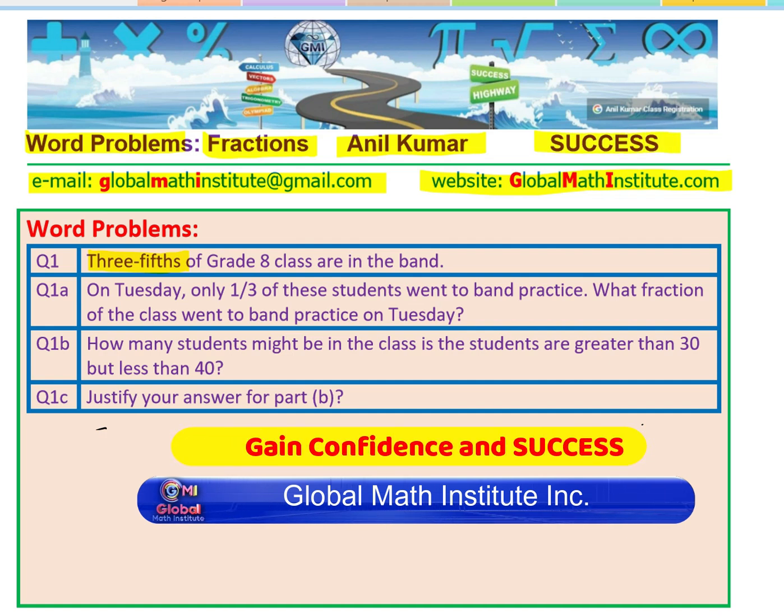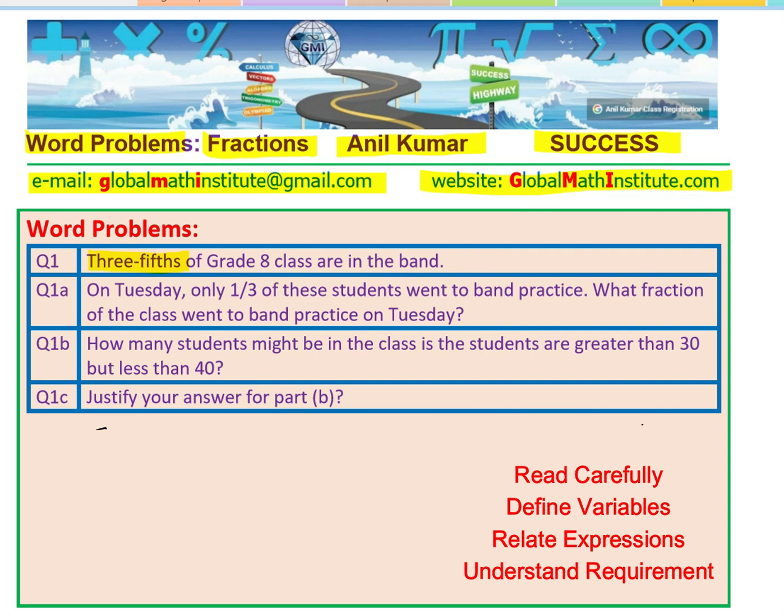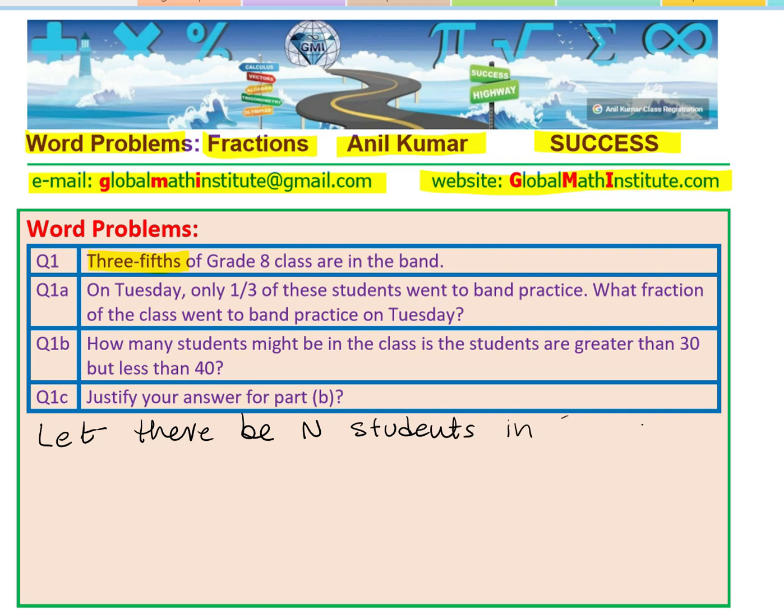Now, I'll emphasize that when you read the question, read it slowly and write down what information is provided and what is needed. So let's begin with the first statement, which is 3/5 of grade 8 class are in the band. So 3/5 of grade 8, we don't know how many students are in grade 8, right? So we'll define the variable: let there be n students in grade 8.